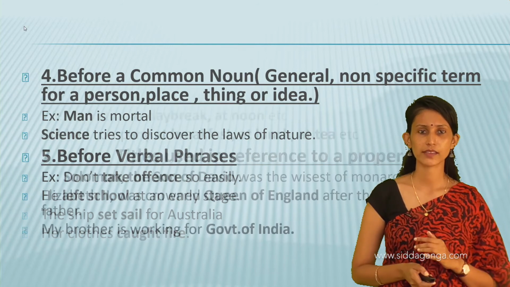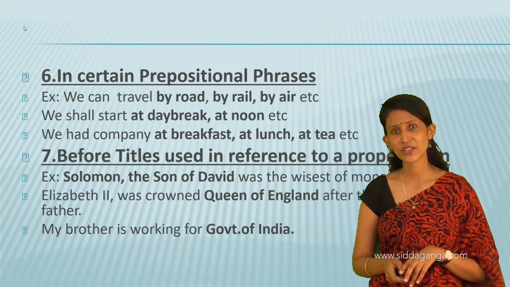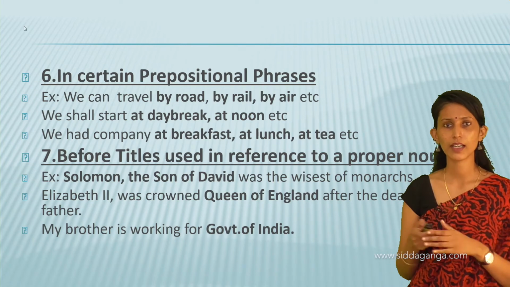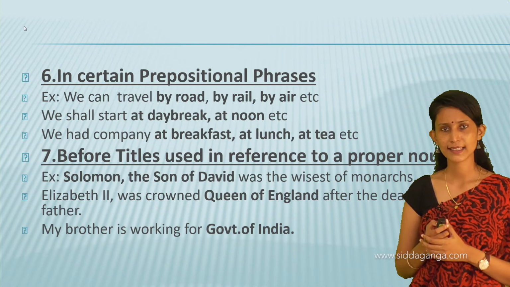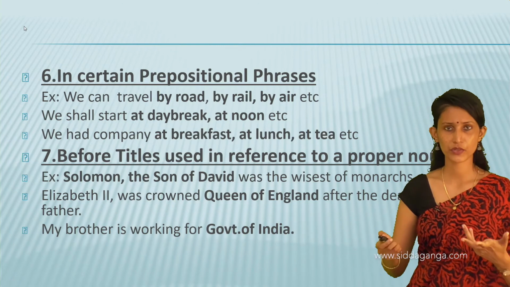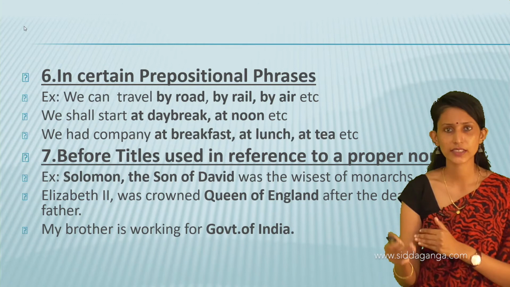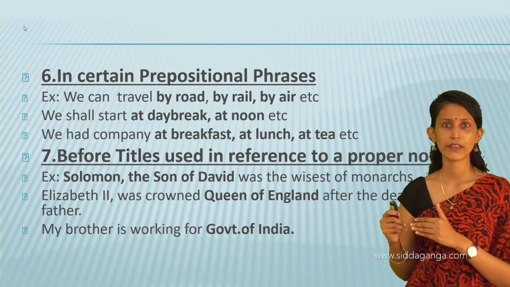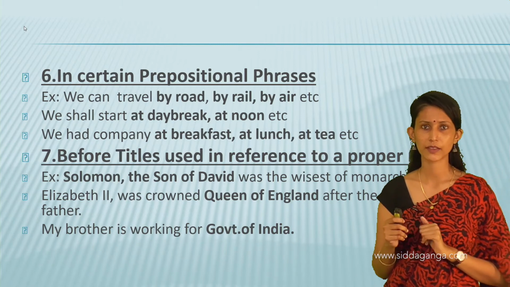Alright, so verbal phrases. Then, when you're using certain prepositional phrases. Prepositions we will study in the coming class, but I want you to understand. By, at, beside, over, under, all are prepositions. That in detail I'll explain to you in the next class. Prepositional phrases. Look at the examples over here.